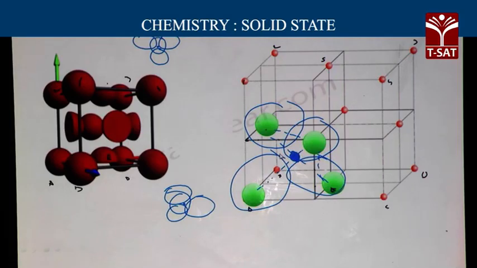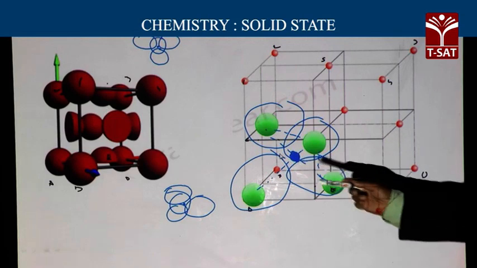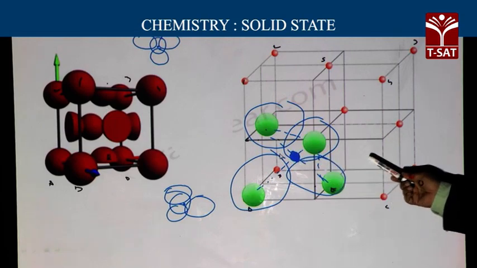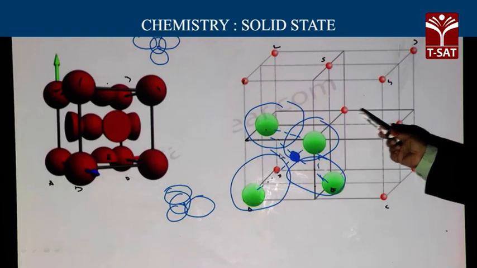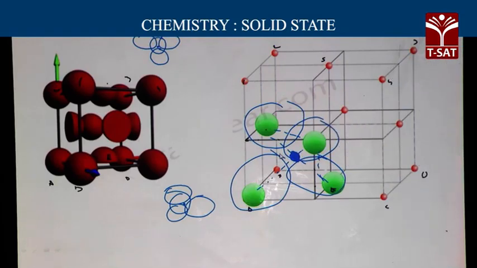The tetrahedral voids is equal to double the number of atoms present in the unit cell. Suppose FCC is having 4 number of atoms, then it gives 8 tetrahedral voids in its crystal. So here in this part 1 tetrahedral void, in this part another tetrahedral void, third, fourth, and from the back side 4. Total 8 tetrahedral voids are formed.